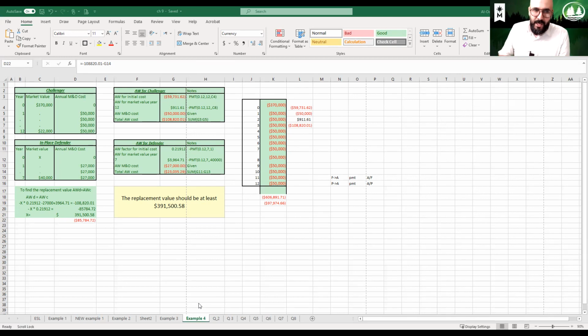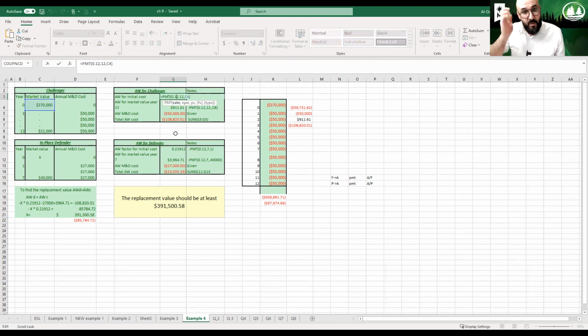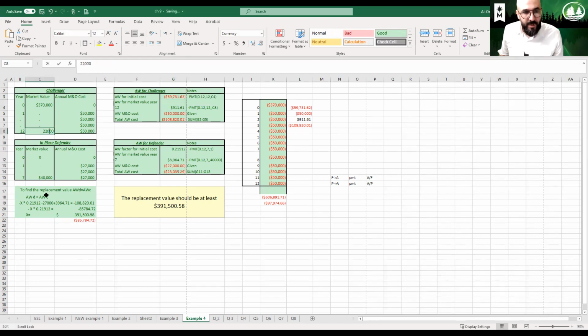So let's start with the challenger because all this information is given to us. We have the initial cost. Find the annual worth of the initial cost over the 12 years using the PMT function, 12%, 12 years, and we have 370 as the initial cost. Now we need to find the annual worth of the value at year 12, which is given to us as a salvage value of 22,000.